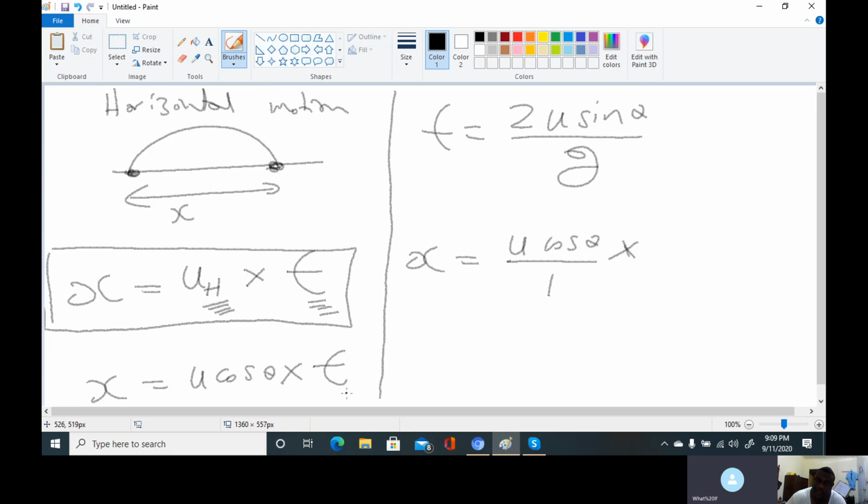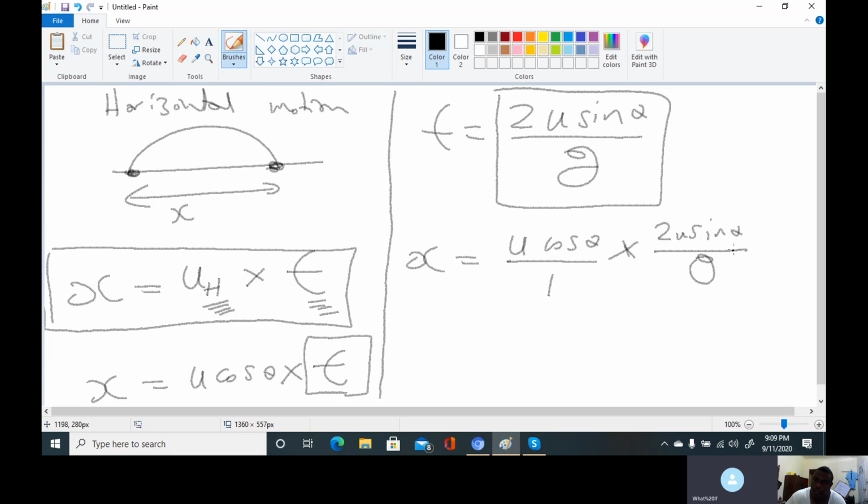Instead of writing t, I'm going to replace t with this term. So multiplying, x is going to be equal to u times u, I'm going to have 2u squared, and then sine theta cos theta all over g.